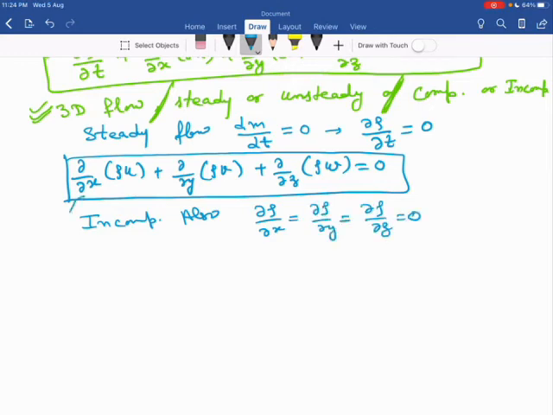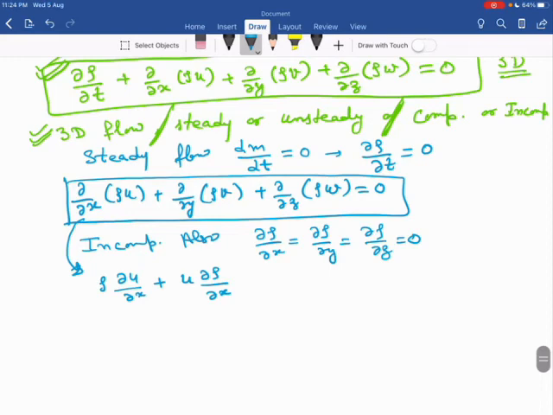So from this equation, you can write ρ ∂u/∂x plus u ∂ρ/∂x, the first term. Similarly, ρ ∂v/∂y plus v ∂ρ/∂y.